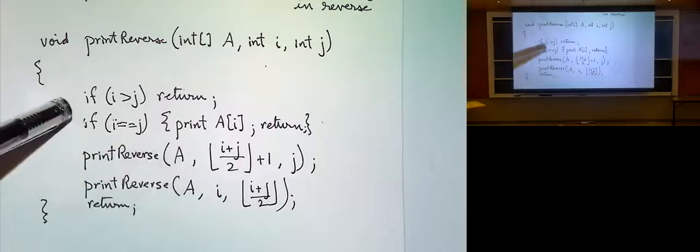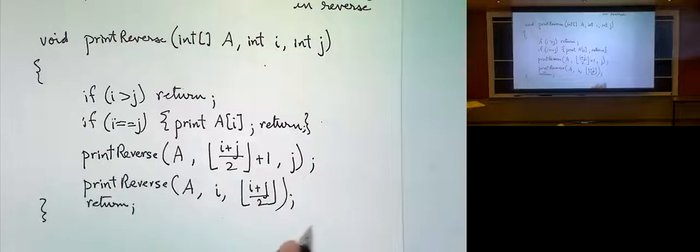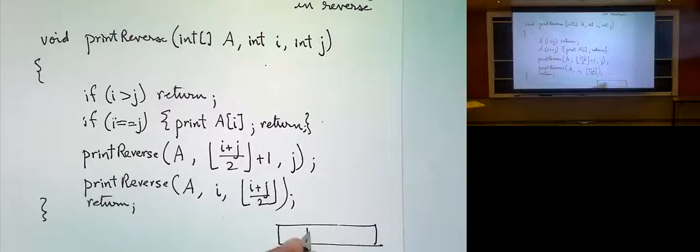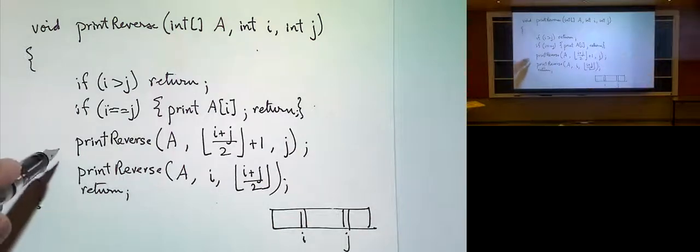So if I is greater than j, think of it as what it does is it's getting two indices of the array. It is going to print the portion between i and j in reverse using recursion. Of course, you could do this with a for loop that just goes from j to i, but I'm doing this through two recursive calls.